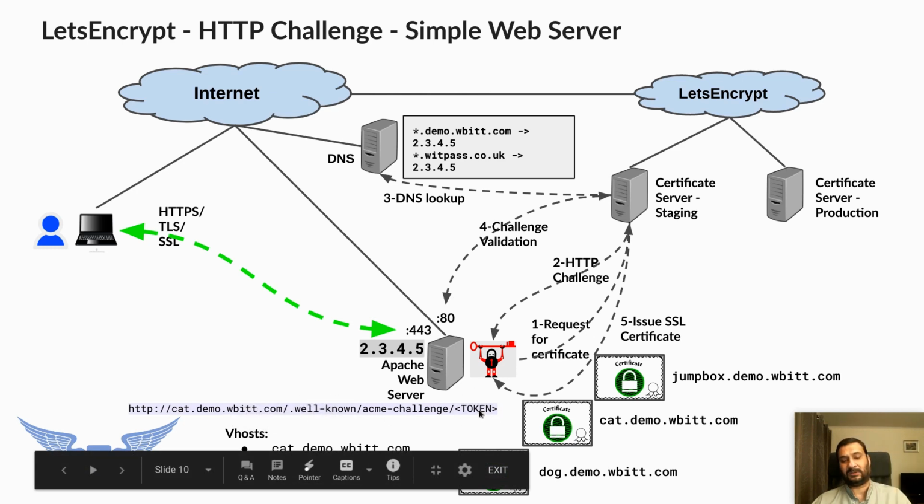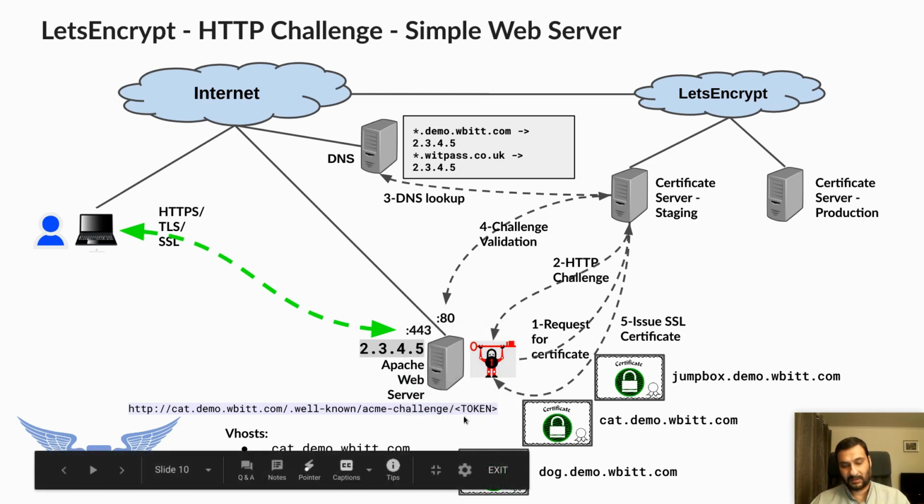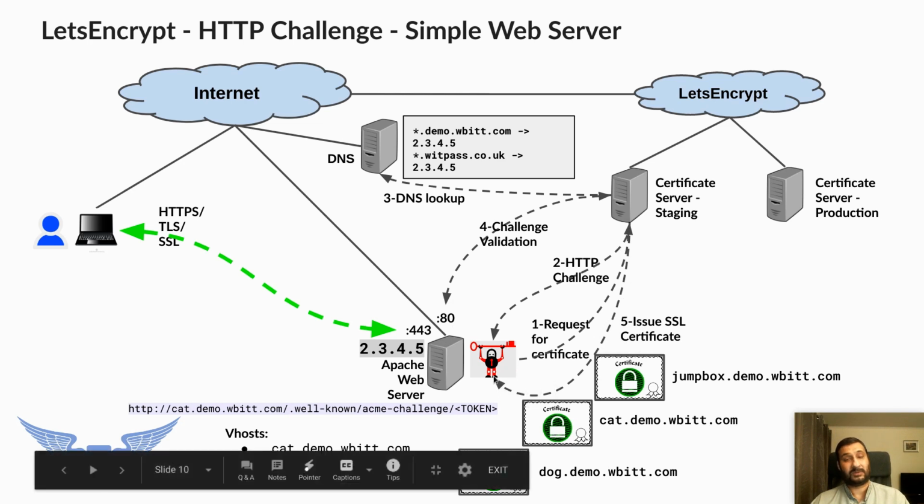It will try to pull this file. Once it is successful in doing that, the challenge is validated. And on step number 5, the certificate server issues the certificate to certbot. And this is that certificate, cat.wbit.com.